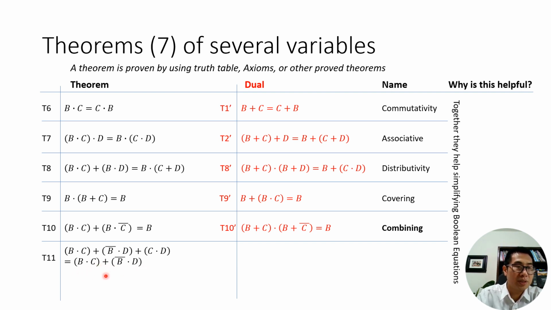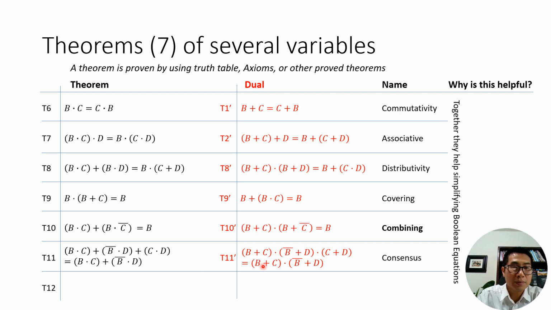You still have sum of products there, but this one is simpler than the previous one. And you have a similar one that is about (B or C) and so on, which is in the form of product of sums. It's going to help simplify that too. And this one is called consensus.